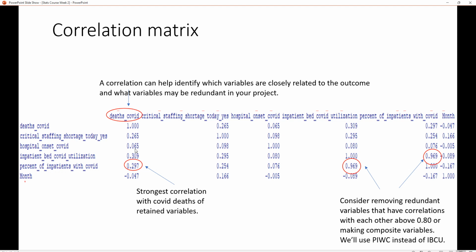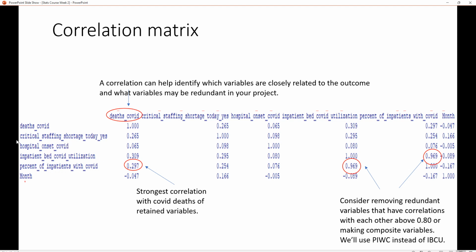We can also see that critical staffing shortages appears to be a significant correlation with COVID deaths. And hospital onset COVID is actually one of the weaker correlations, but it may offer some information that we're not getting from these other variables. These other variables seem like they would be correlated, and we can see that in our correlation matrix.